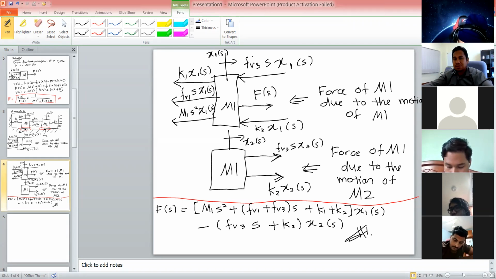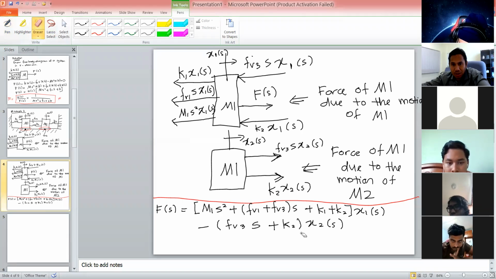This is the equation. Enough force or not? We look at this part, we have 1, 2, 1, 2. Only the linkage between M1 and M2. Okay, another part.